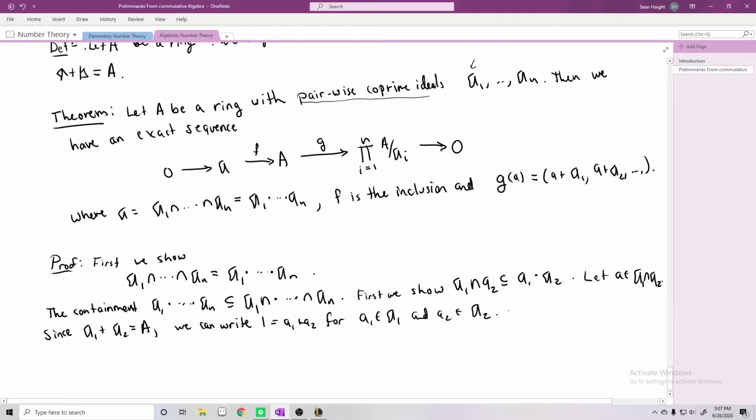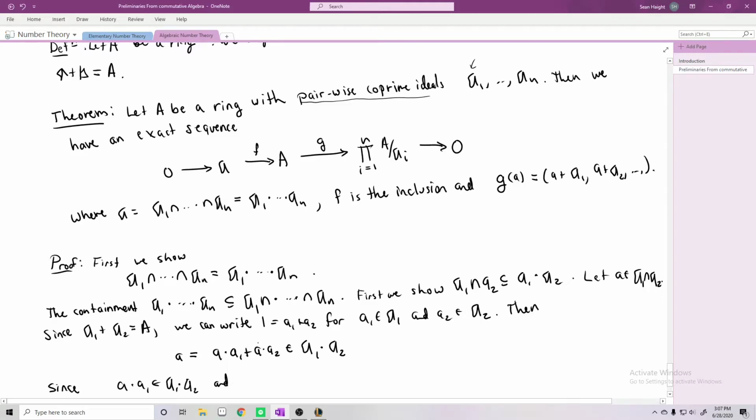Then we see that a is equal to a times 1, which is going to be a times a1 plus a times a2, which is in the product ideal A1 times A2. Since a is in A2, a times a1 is in A1 times A2.